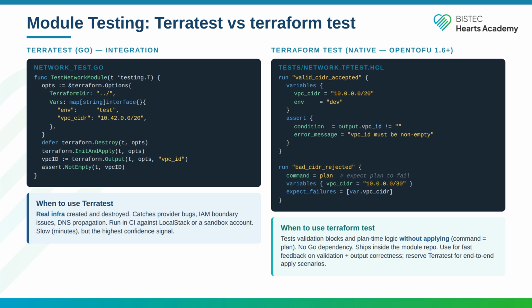The trade-off is that mock tests can pass while real infrastructure fails, which is a known failure mode when teams mock every external dependency. The practical recommendation: use terraform test for unit tests on validation logic and output correctness. Use Terratest for at least one integration test per module that covers the full create and destroy lifecycle. Both belong in continuous integration.